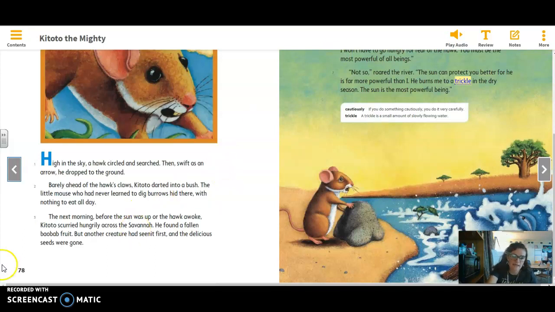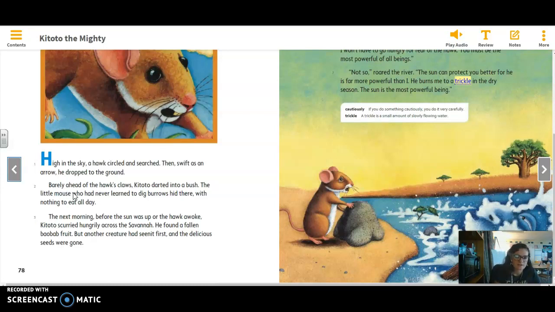So now I want us to look at our Quitoto the Mighty text, and I want you to go to page 78 in your own, or I do have it pulled up on here for you to see. And so I want us to read this page 78, and I want us to see if we can find some figurative language. So it says, high in the sky, a hawk circled and searched. Then, swift as an arrow, he dropped to the ground.